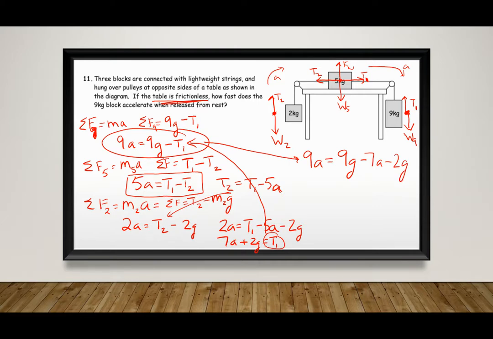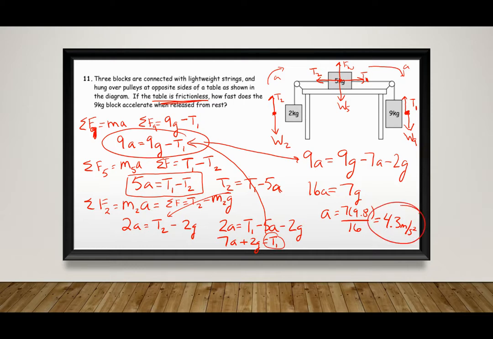Okay, so I end up getting 7g is equal to 16a. Acceleration is equal to 7 times 9.8 divided by 16. And so I end up getting that my value is going to be 4.3 meters per second squared. And that is the rate at which it's accelerating.